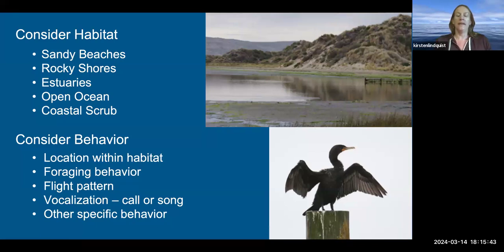And then also behavior. If you have a bird standing on a post, drying out its wings, over the water, it's like only one thing. It's a cormorant. Even if you don't know all of these little tricks and considerations now, we will talk about them in training and they will help.